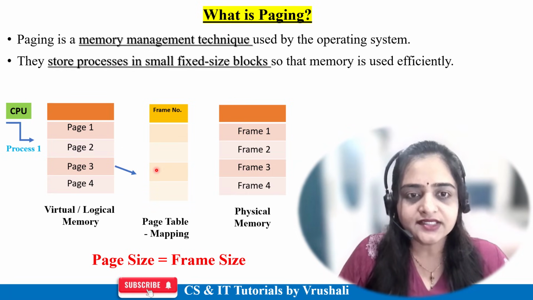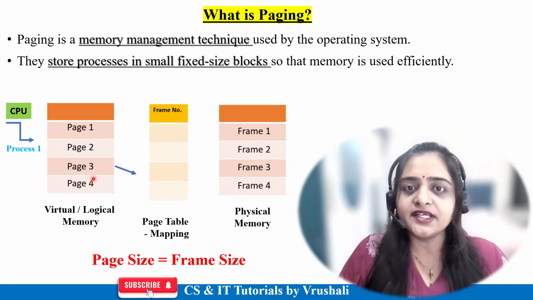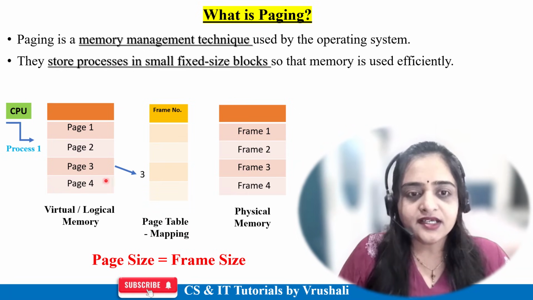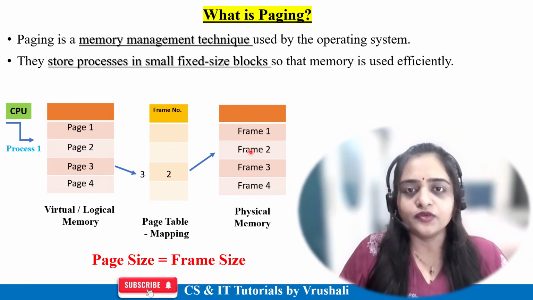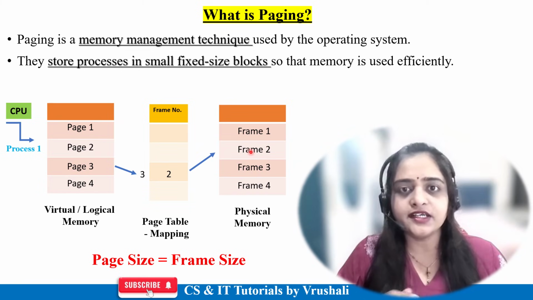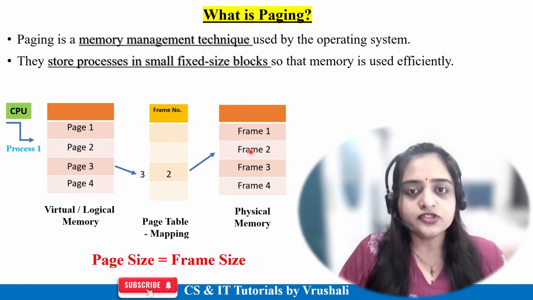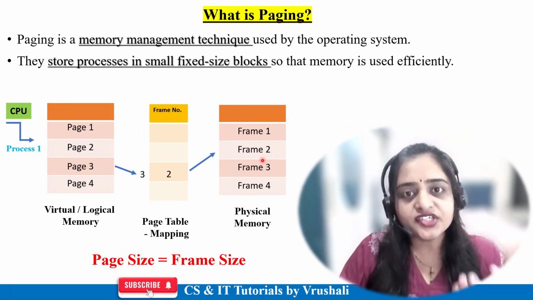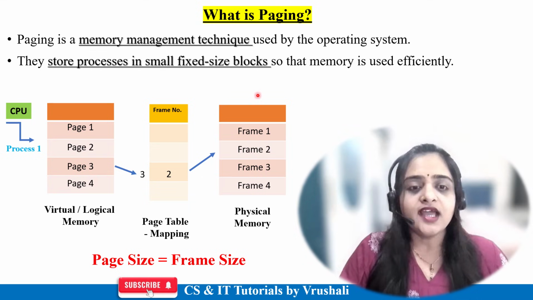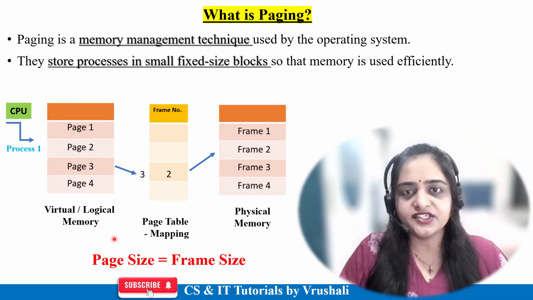For example, suppose the CPU wants to access page number 3, but this page number 3 is currently stored in frame 2, right? In this way, it converts the logical address into the physical address. So the CPU executes page 3, but page 3 is stored in frame 2. So it fetches data from the physical memory, and this is called paging.